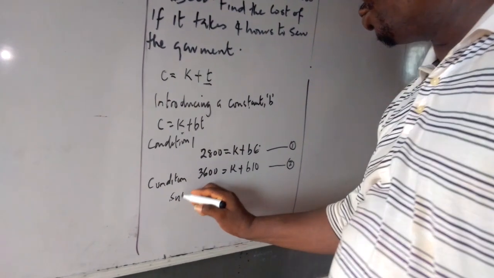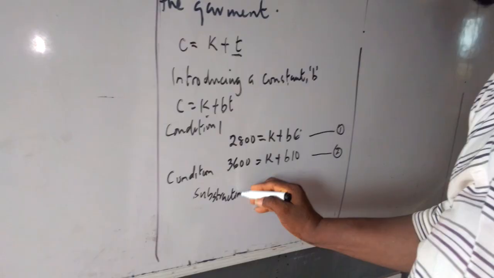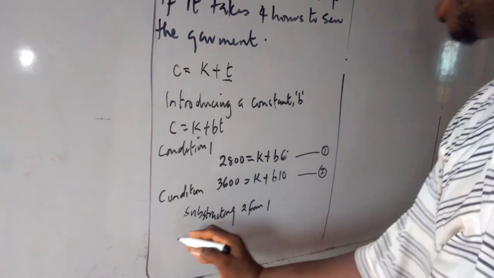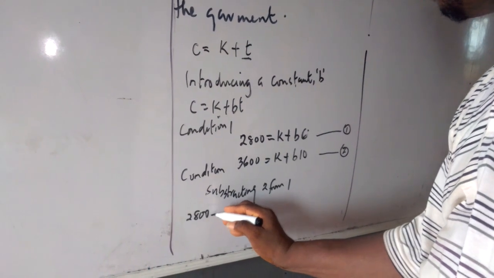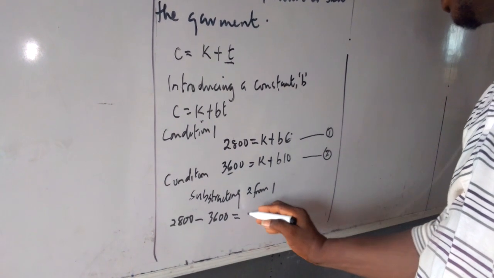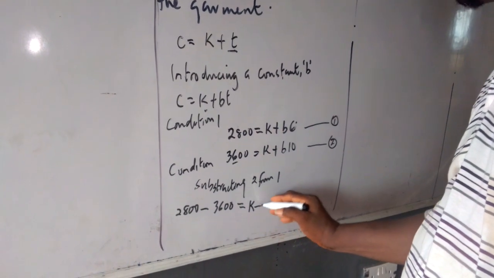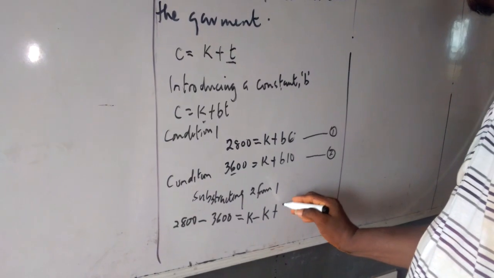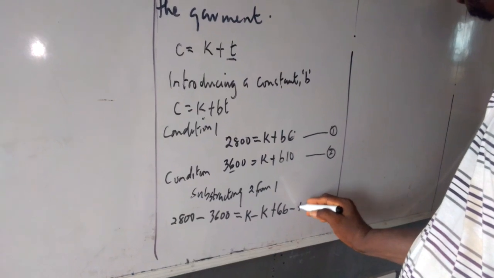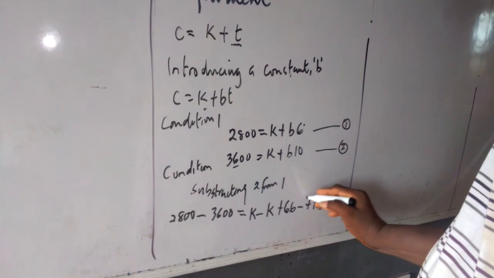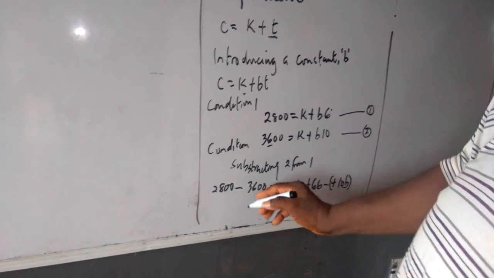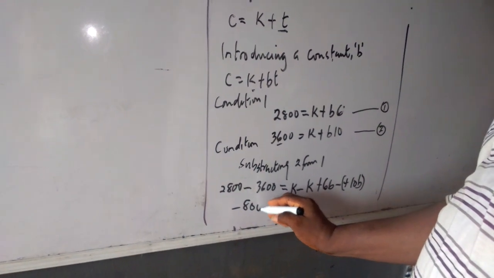Subtracting equation 2 from equation 1, we have 2,800 minus 3,600 is equal to K minus K plus 6B minus 10B. So 2,800 minus 3,600 will be minus 800.